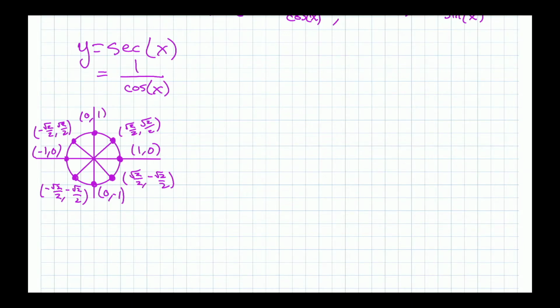So the graph of the cosine looks a certain way. How does it look? I'm going to label these as pi over 2, pi, 3 pi over 2, 2 pi, 5 pi over 2, 3 pi.